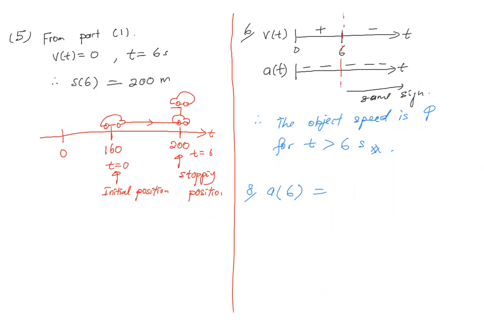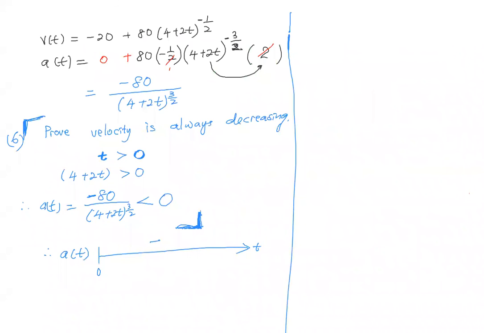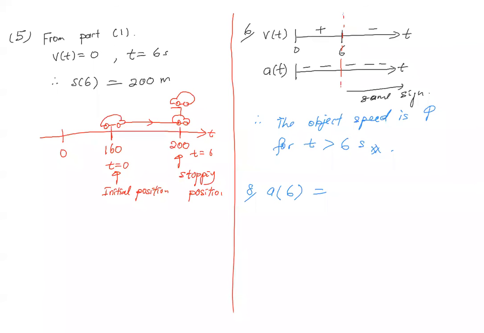You off your graphic calculator. Okay, negative 1.25. Negative 1.25 meter per second per second.